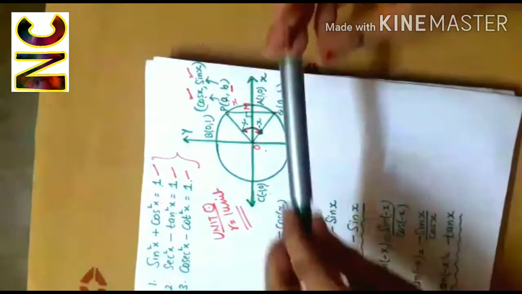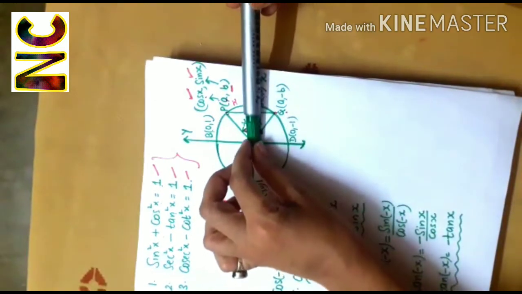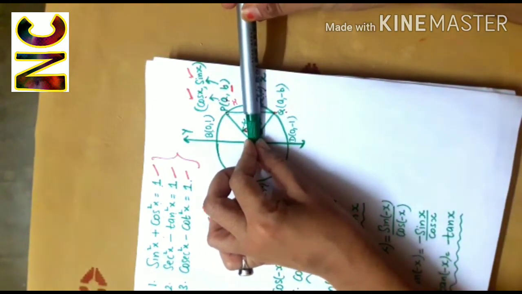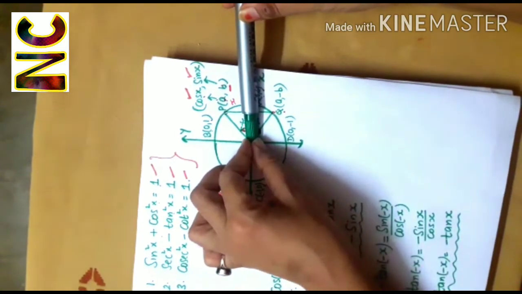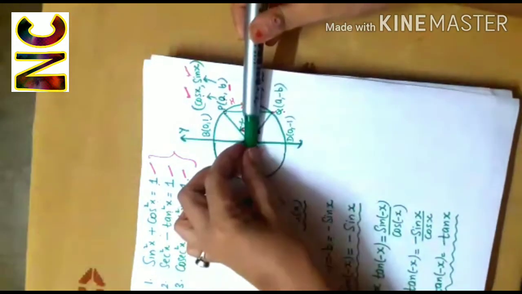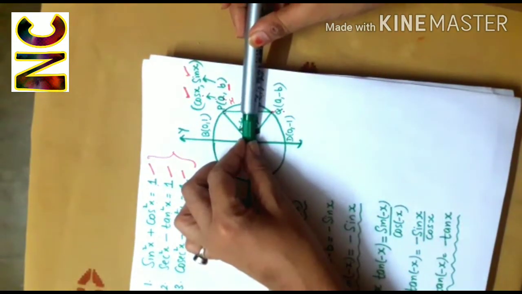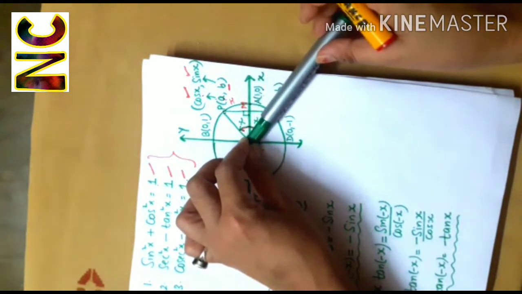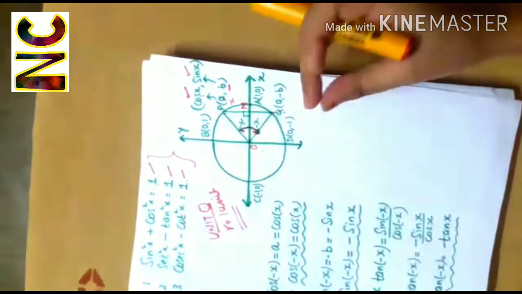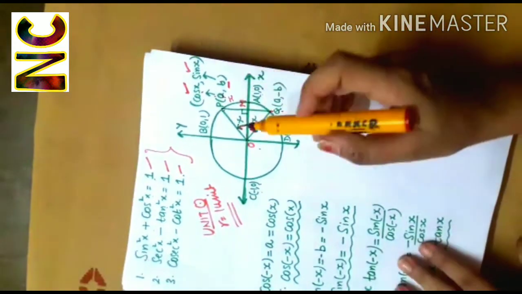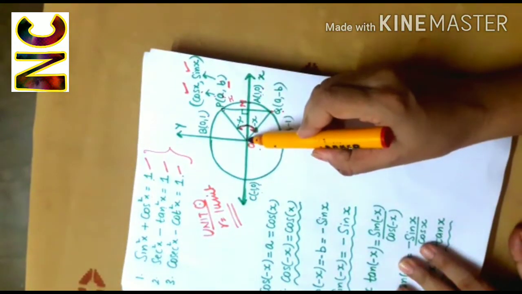Now what I'll do, this is the initial position of the ray. I'll perform the same amount of rotation as in this case, but now the direction of the rotation will be clockwise. That means I'll move this way, but the amount of rotation will be same. Do you agree?